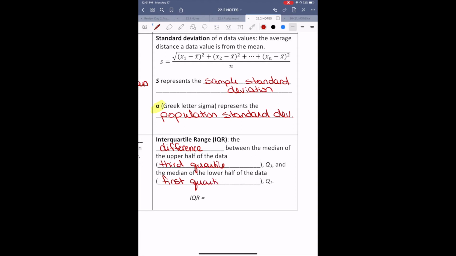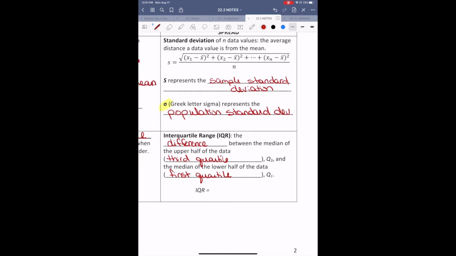The only time I believe you have seen quartiles in the past is when you have worked with box and whisker plots, which we will be doing. So IQR is found by taking the third quartile and subtracting the first quartile.